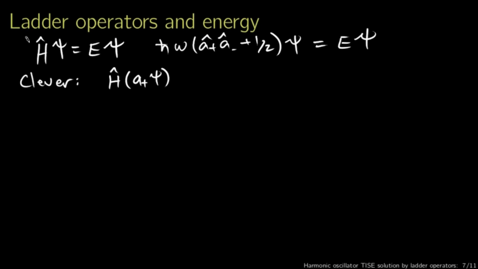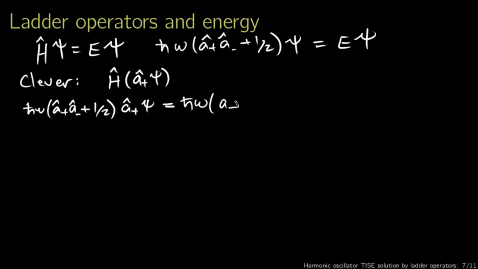Let's see what happens. Expressing the Hamiltonian now as ladder operators, h bar omega, a hat plus, a hat minus, plus 1/2, now acting on a plus hat psi. Forgot my hat there, sorry. Looking at this, you can take a plus psi and distribute it into the expression in parentheses here.